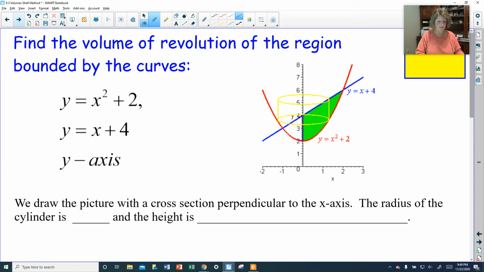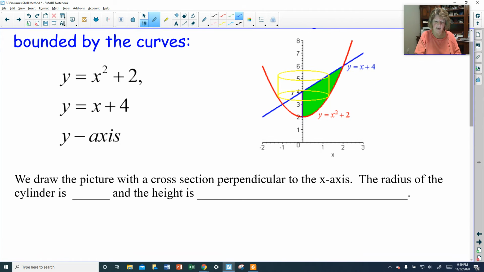The backside one: find the volume of the revolution of the region bounded by the curves x squared plus 2, got that showing, and x plus 4, a linear function cutting through our parabola. So I get this green region because the y-axis is also acting as a bound. I've shown you one representative cylinder sitting in here, our shell, and we draw the picture with a cross-section perpendicular to the x-axis.